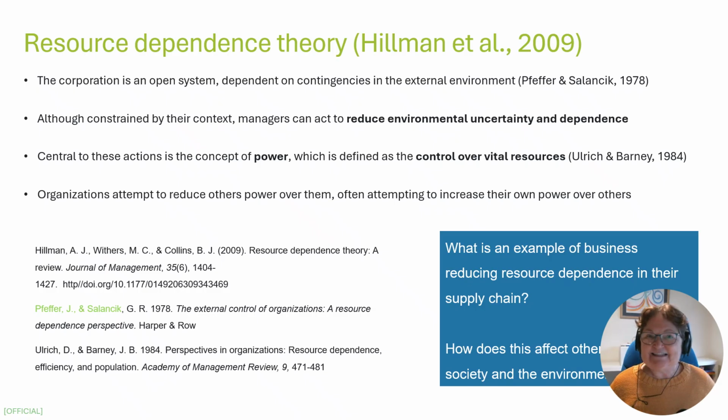Central to this is the concept of power, which is defined in this case as the control over vital resources. So if we think back to our power dimensions framework, control over valuable resources is a dimension 1 form of power. And organizations attempt to reduce the power that others have over them and increase their power over others.